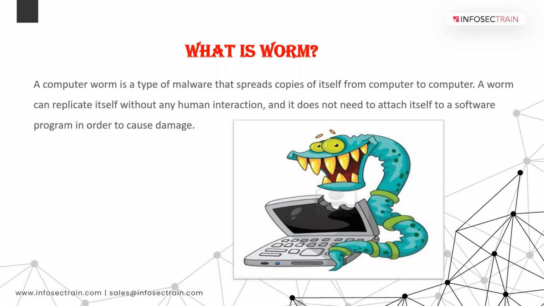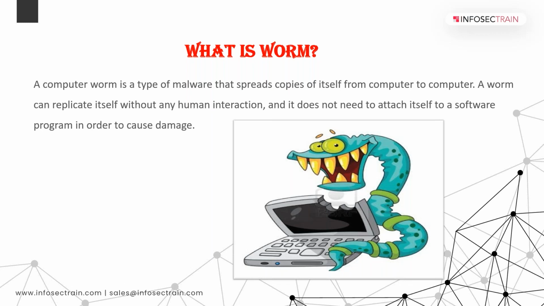The main difference between worms and viruses: a virus is a program that replicates and spreads from one file to another file on the system, and it may be programmed to erase data. A virus is a set of code which adds itself to existing files.